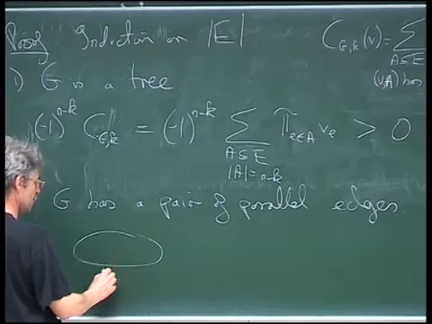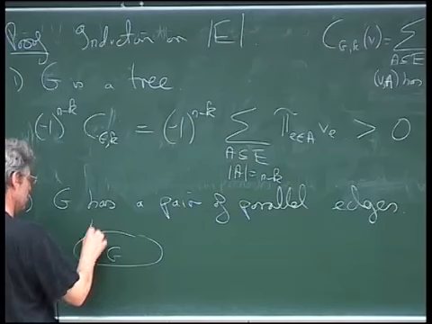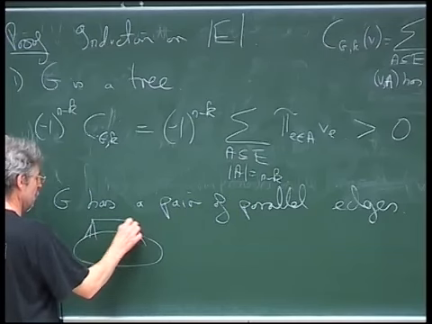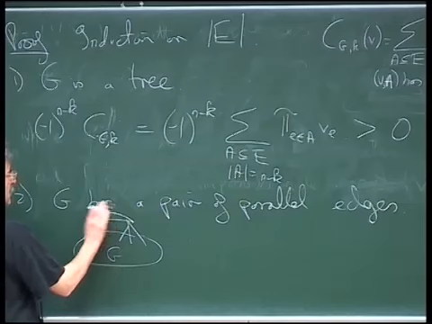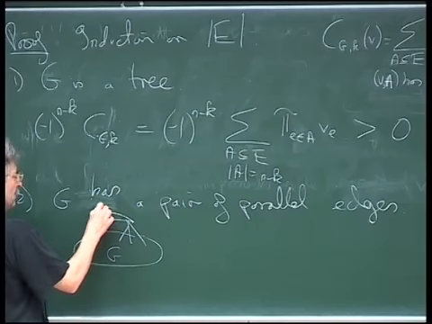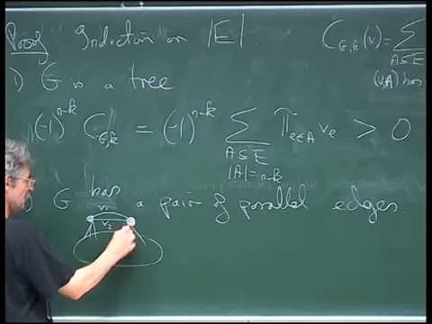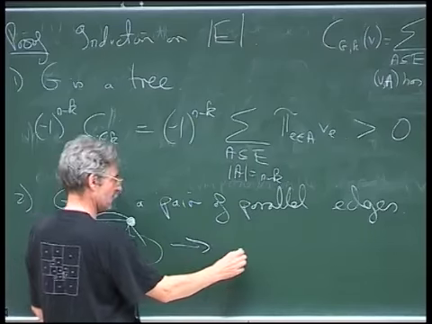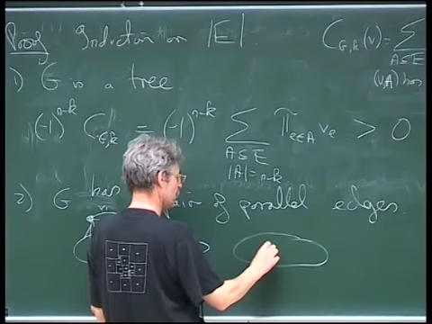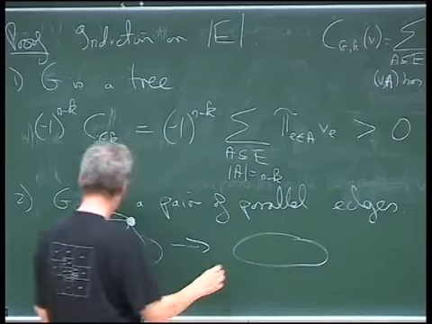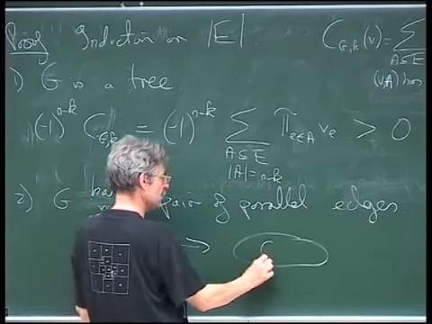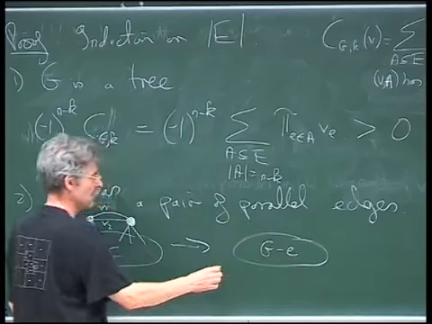So if this is G, and we have two edges with weights v1 and v2, then we can transform to a graph, let's call this G minus e2.